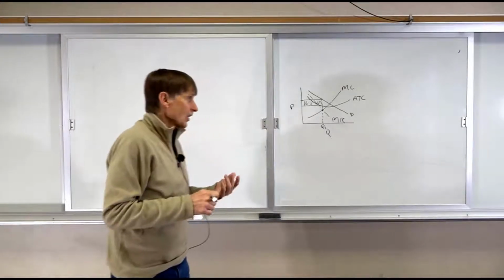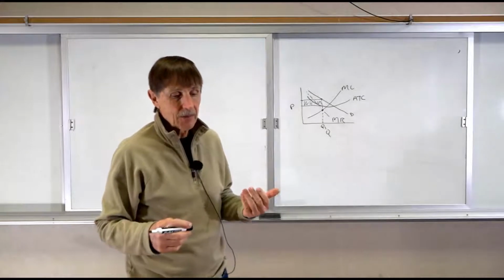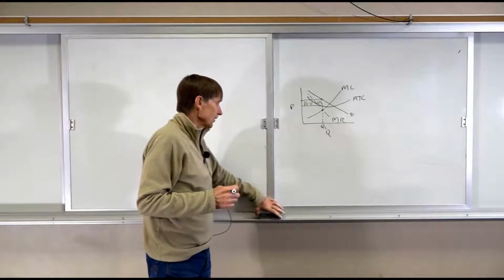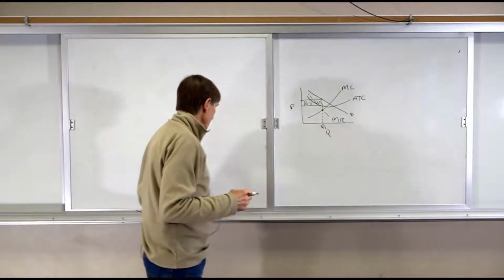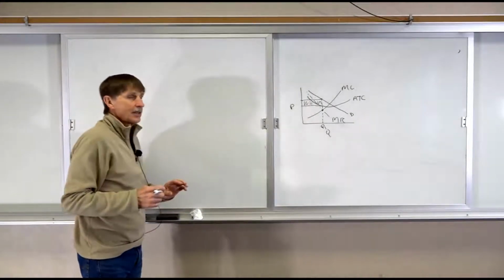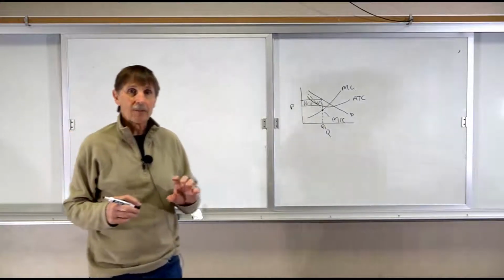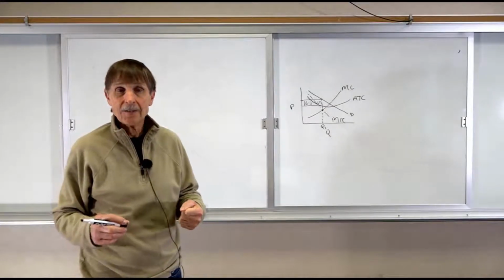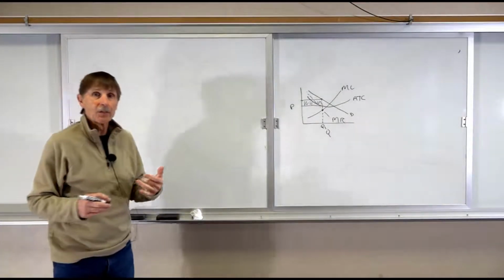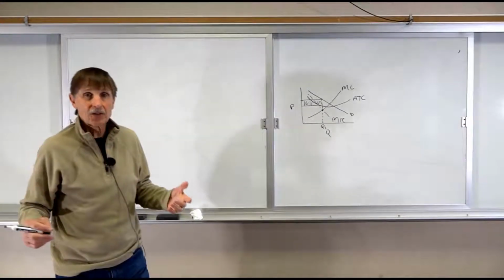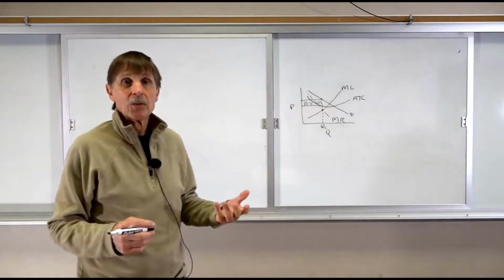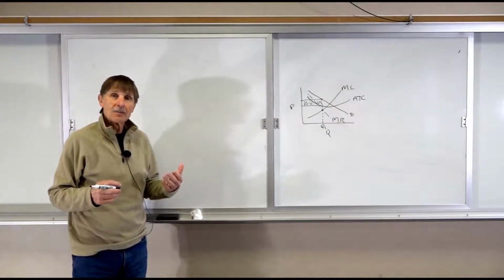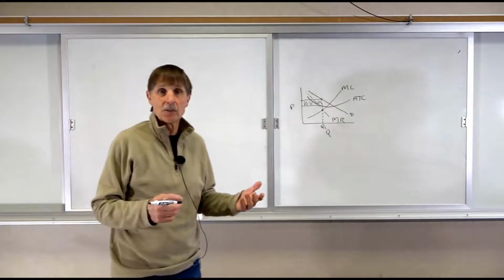Just as an example of this, if we look at the steel tariffs that the Trump administration put in, what was the idea there? The idea is to put a tax on anybody that uses, let's say, Chinese steel. And so what will happen? There will be less Chinese steel being used out there, which means that the domestic steel manufacturers are going to be able to have a higher price than they otherwise would.